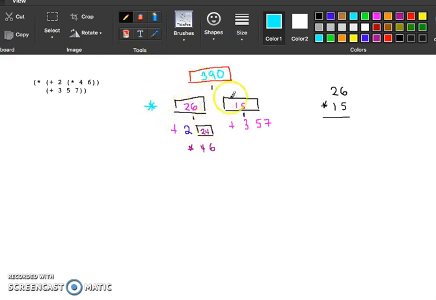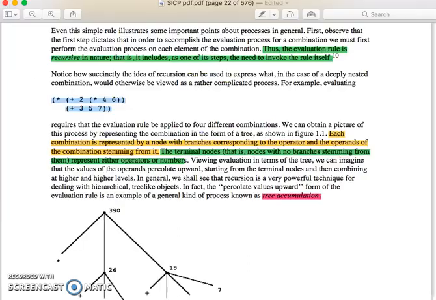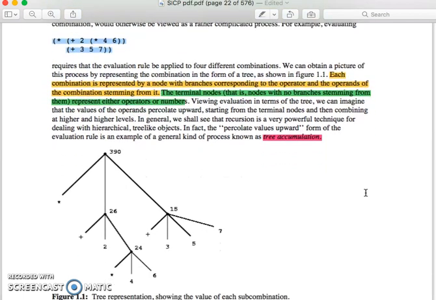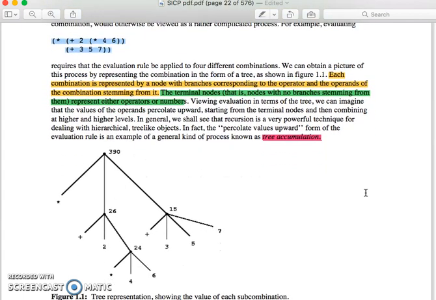You can see how it branched out here. Each combination is represented by a node with branches corresponding to the operator and operands of the combination stemming from it. The terminal nodes, that is, the nodes with no branches stemming from them, represent either operators or numbers.